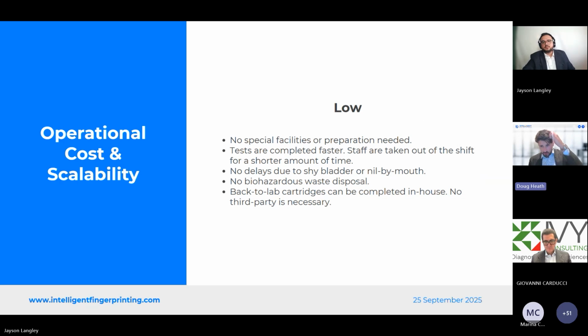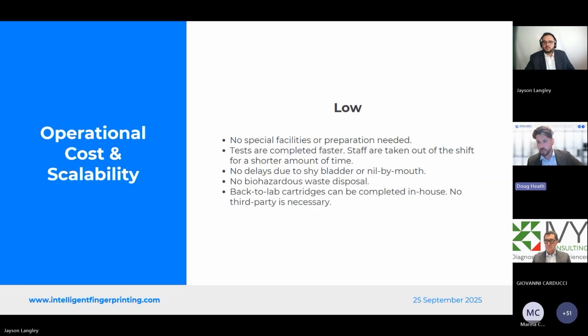The operational costs and scalability, and I'm going to draw back to a point that I made earlier on, it's looking at the process holistically as opposed to individual unit cost. Now, on an individual unit cost basis, I think that fingerprint testing is incredibly competitively priced anyway, and certainly competes with the other systems out there.